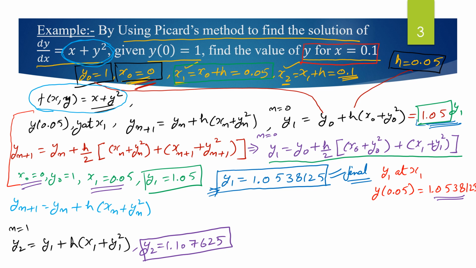This is the y2 for x2 is 0.1. This is for x equal to 0.1. But we require the solution by the modified Euler method, so we have to calculate again.